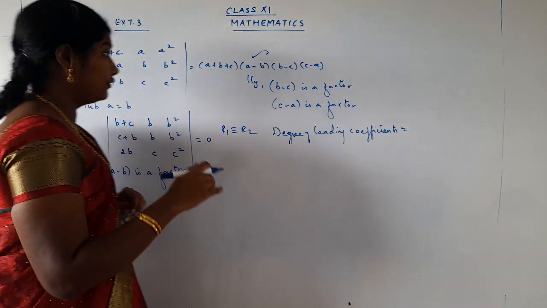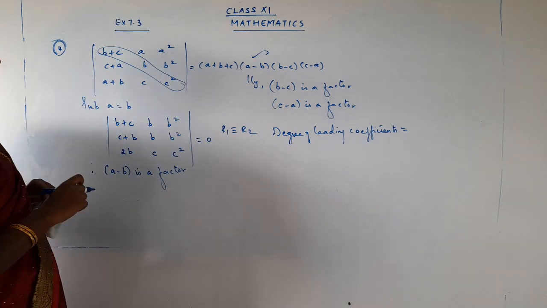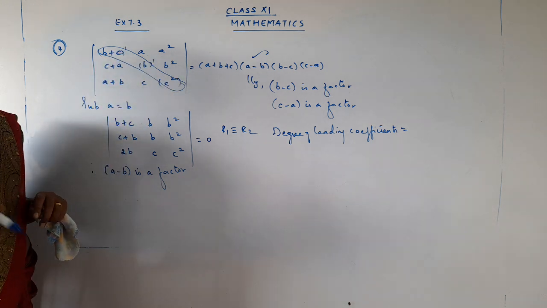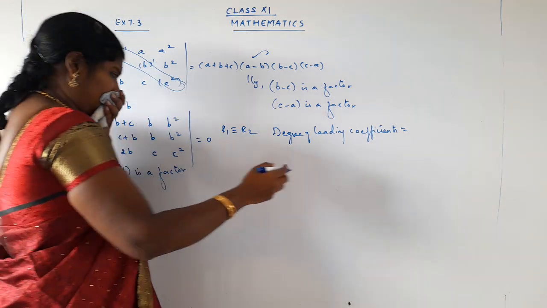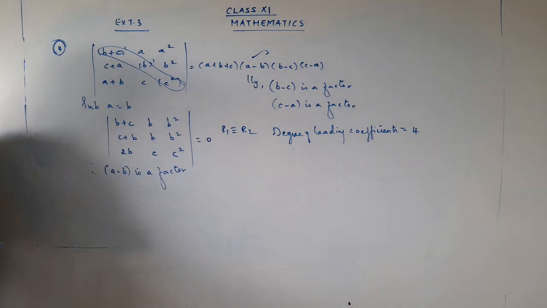What is the degree of the leading coefficients here? This is the leading coefficient. So this is 1, this is 1, this is 2. So 1 plus 1, 2, 2 plus 2, 4. So degree of the leading coefficients is equal to 4.